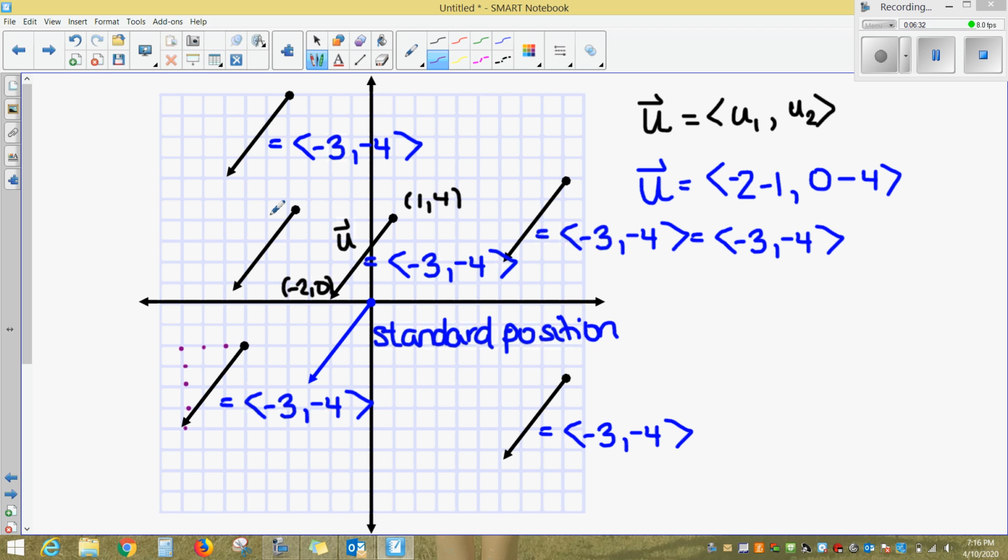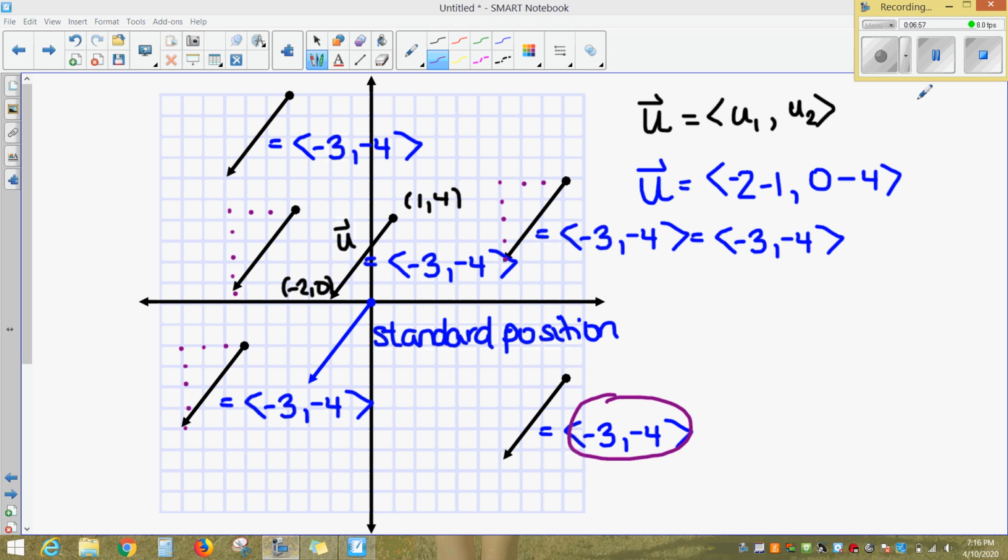All of them go left 3 steps and down 4 steps to get to the end. So no matter where I'm starting, from its initial point to its terminal point, all of these vectors on the page, in pointy bracket notation or component form, are <-3, -4>.